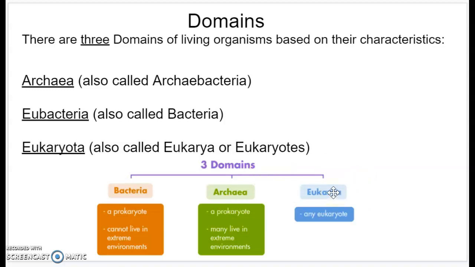Eukarya have a nucleus and do have organelles. I kind of remember it this way: pro means no nucleus. Eukarya, just like you have a nucleus in your cells. That's just my little trick to remember it.